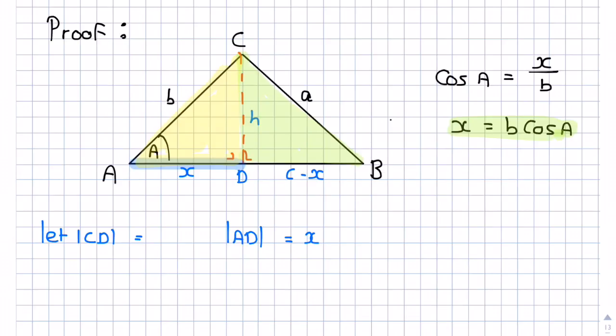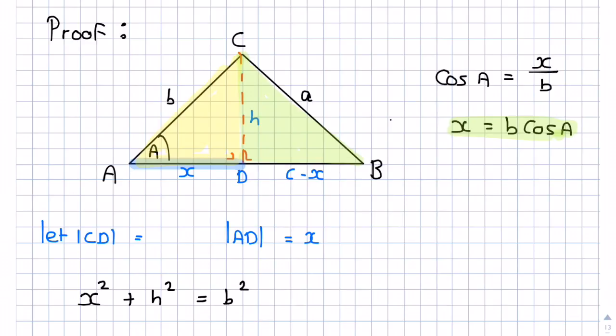Okay, let's use Pythagoras' theorem on the yellow triangle on the left. What we know is X squared plus H squared will be equal to B squared, because that is what Pythagoras' theorem says: the sum of the two smaller sides squared is equal to the hypotenuse squared.